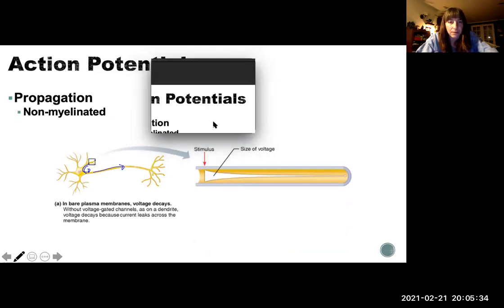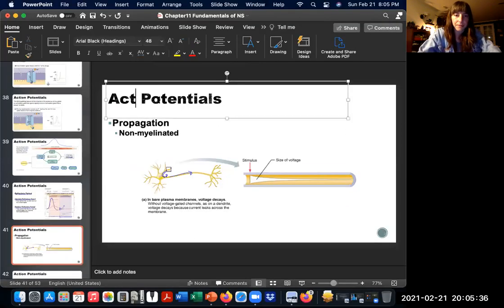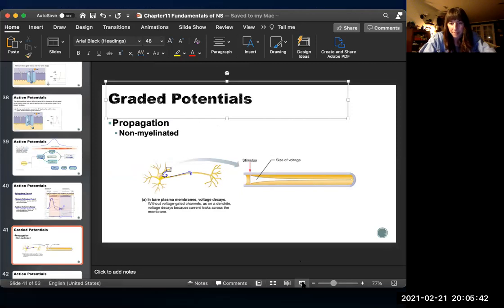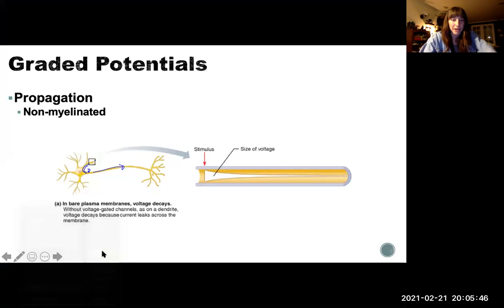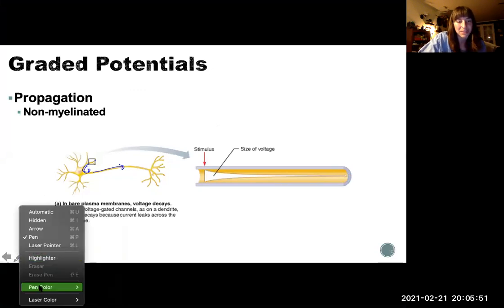This is technically a graded potential because it is coming from the dendrite and having to pass through the cell body. As long as it's having to pass through the cell body, then that signal can be lost, okay?